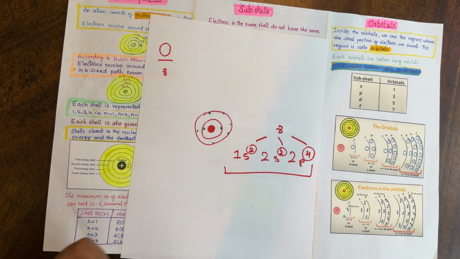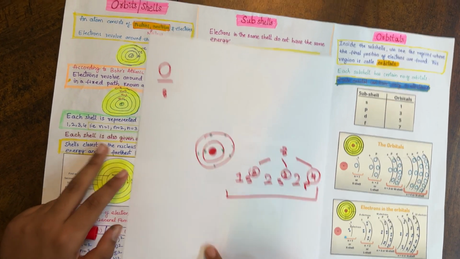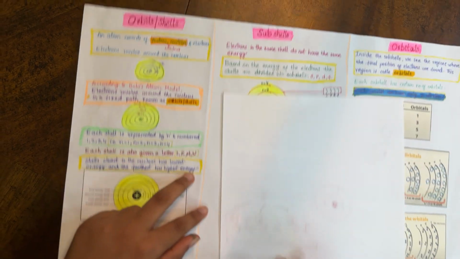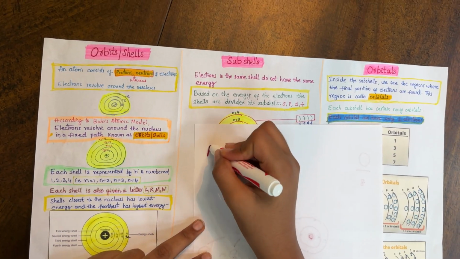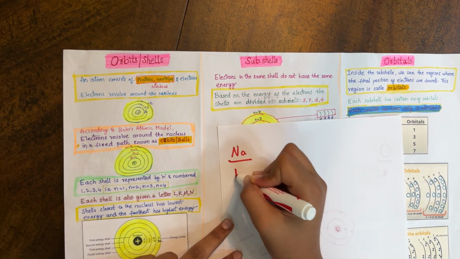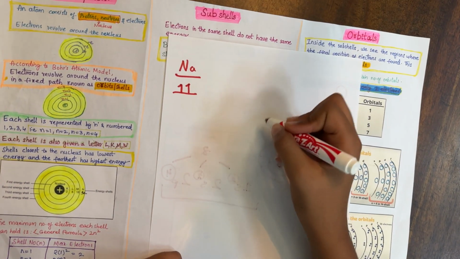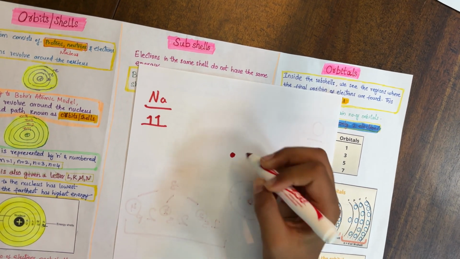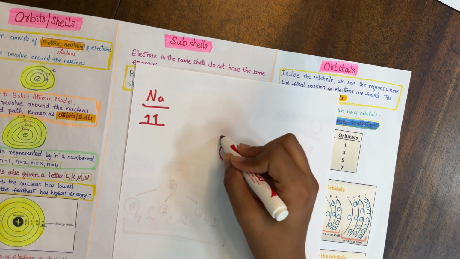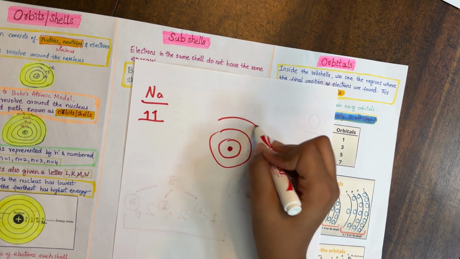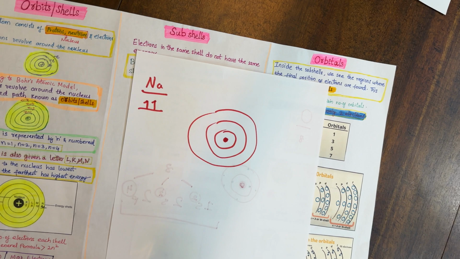I'll give you another one. It's sodium, okay? So let's flip to the back here. Sodium looks like this, and its atomic number is 11. Let me just draw it real quick. This is its nucleus, first shell, second shell, third shell.